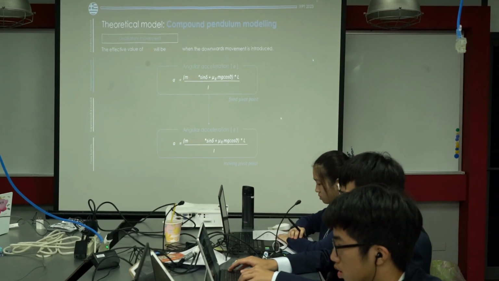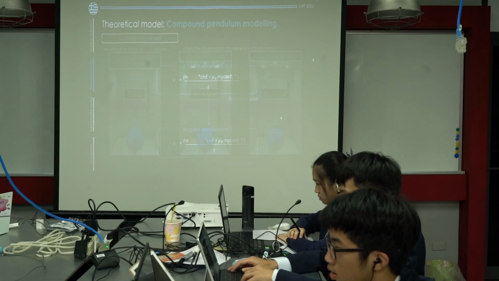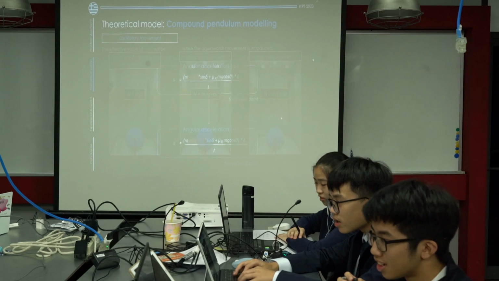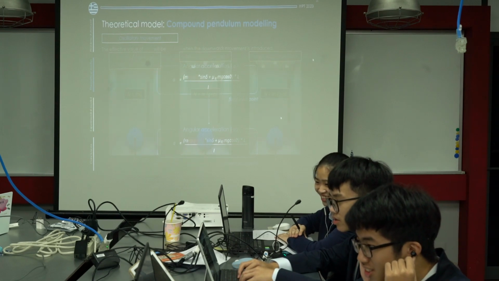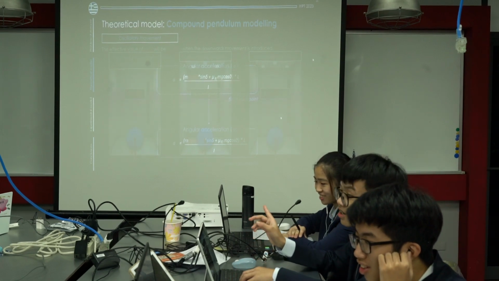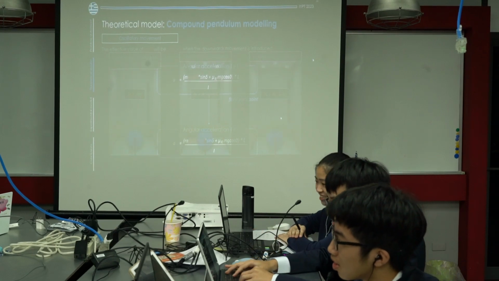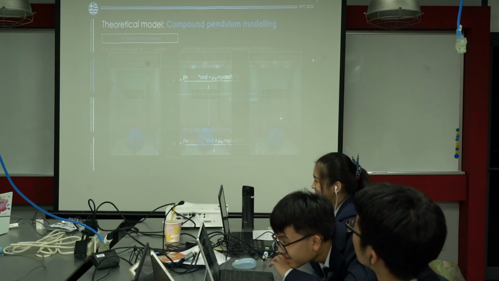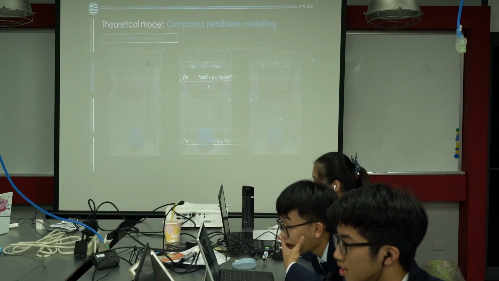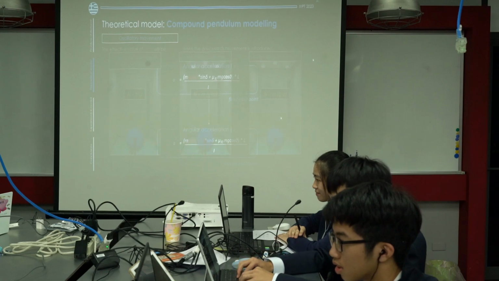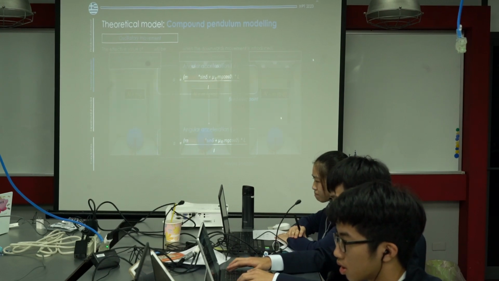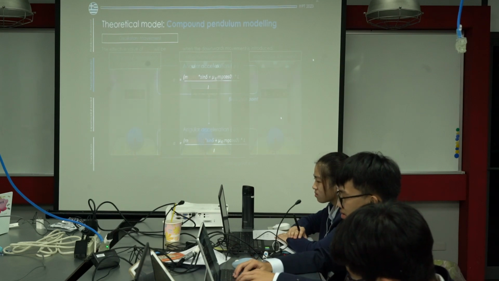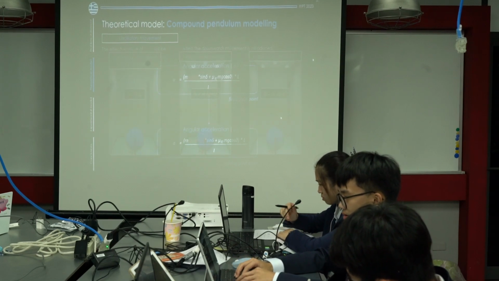Just for the sake of the demonstration, here we have an elevator, to explain why it is g sine theta minus a. If an elevator is stationary or moving with constant velocity, then the normal force acting upon the body, in our case the sphere, equals the weight of the sphere. However, if the elevator accelerates upwards, then the normal force will be m times g plus this acceleration a.